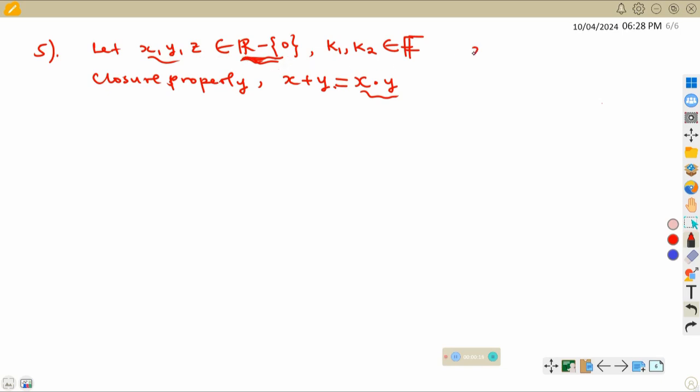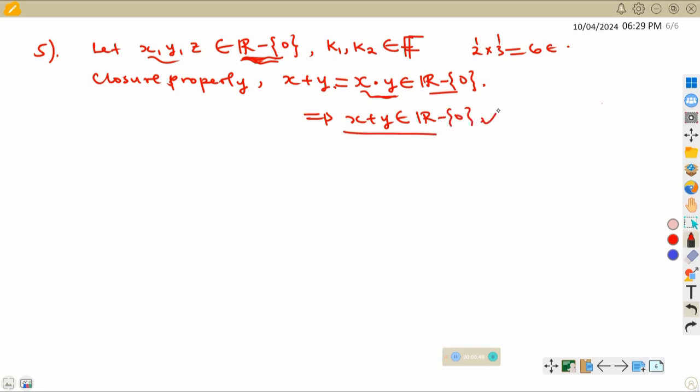That is true, because when you get 2 times 3, this is a real number, this is a real number, it will also give you 6, which is a real number. So when you multiply real numbers, you will get a real number. That's why we say that x plus y equaling x times y is automatically an element of R minus 0. So we can conclude that x plus y is an element of R minus 0, and the closure property will be satisfied.